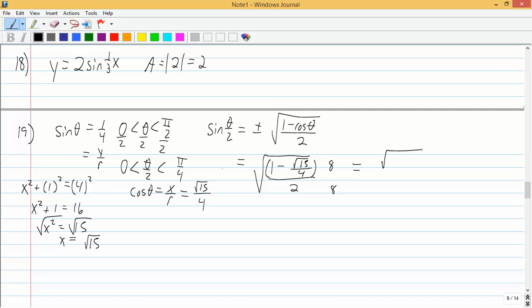So this is the square root of, multiply this 8 times both of those. So that's going to be 8 minus 8 square root of 15 over 4. 8 square root of 15 over 4, that's 2 square root of 15. And then on the bottom we're going to have the square root of 16. That's what? 4. So the answer is C.